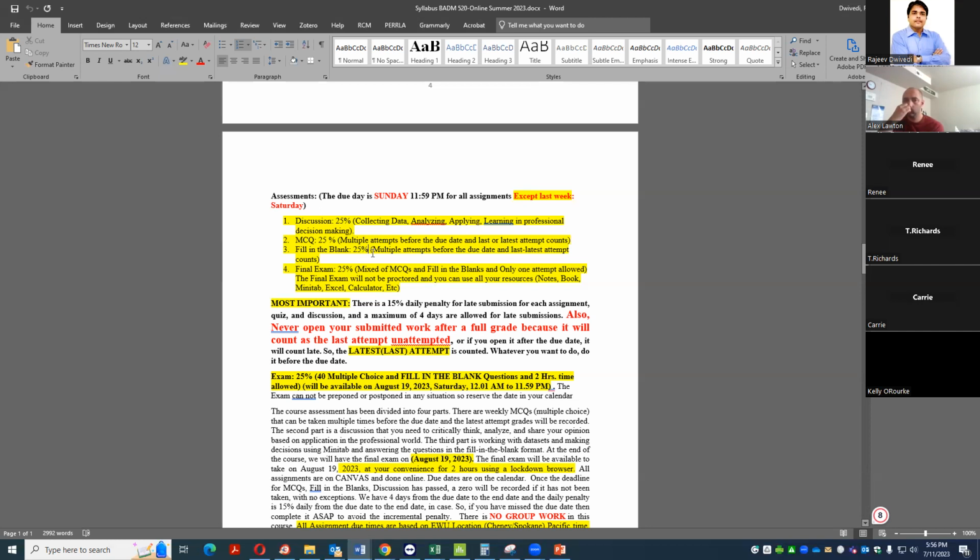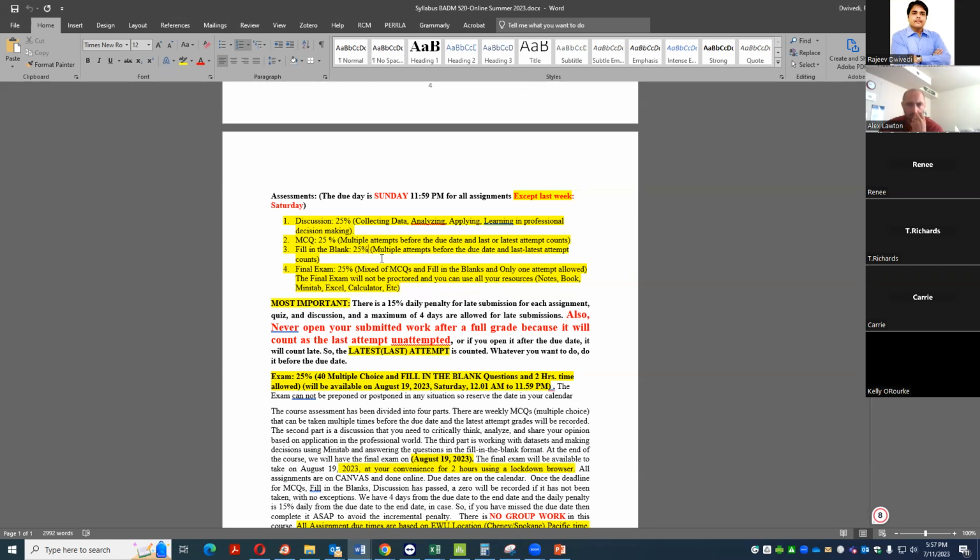Fill in the blanks. Again, this is based on numbers, and you have to give numbers here. So basically a question will be there, you have to do the calculation and put in numbers. Here, I give a 5% margin of error.